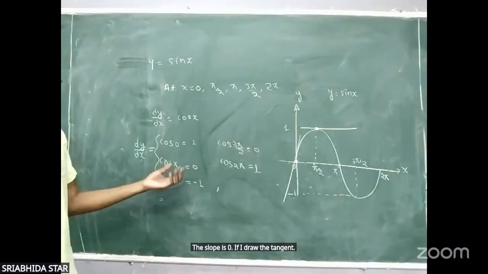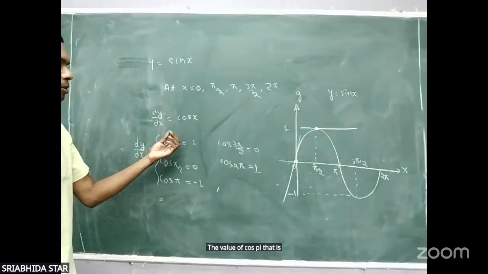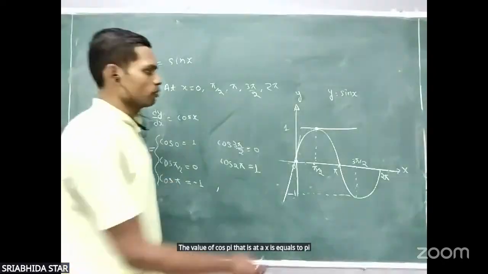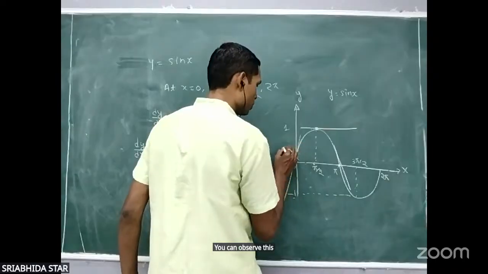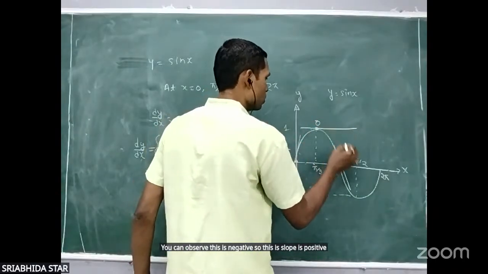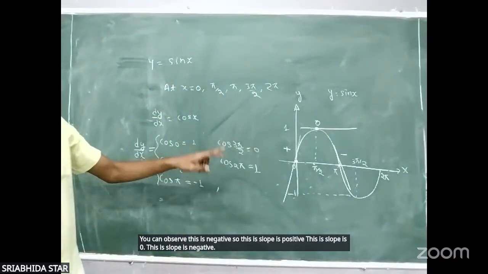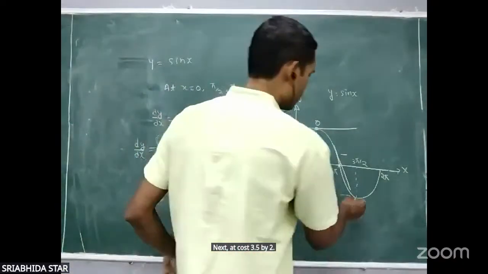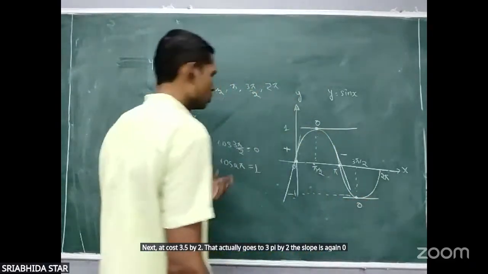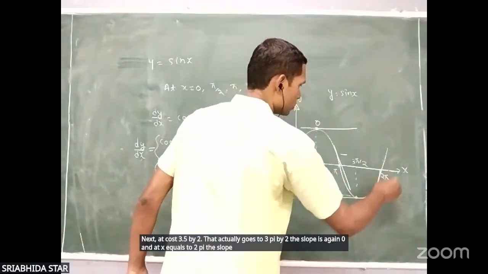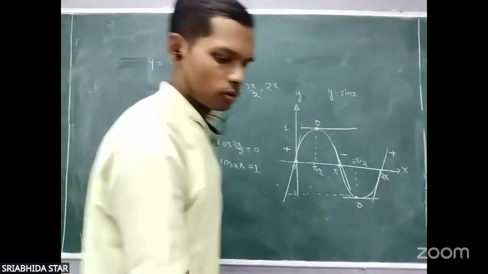Next, for the value of cos pi, that is at x equals to pi, the slope value is negative. You can observe this is negative. So this slope is positive, this slope is 0, this slope is negative. Next, at 3 pi by 2, the slope is again 0. And at x equals to 2 pi, the slope is positive. Yes, you can also draw this.